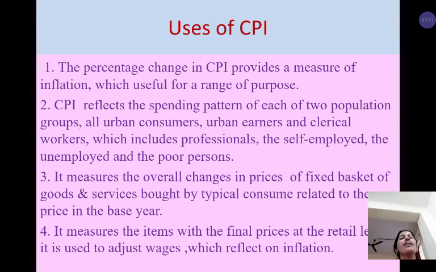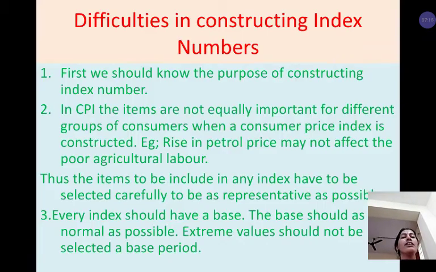At last, we are going to conclude with the topic: difficulties in constructing index number. Of course, everywhere you can see two points, plus and minus, positives and negatives. Index numbers are very essential for economic activity, government, or industries.